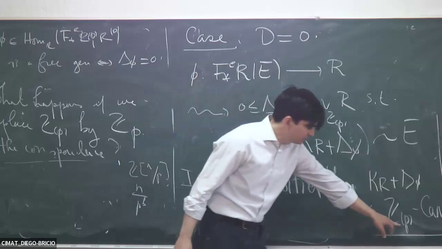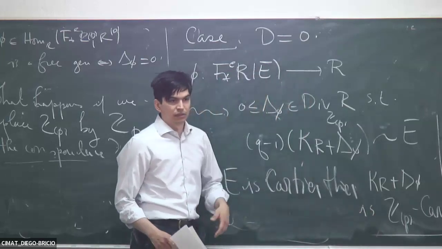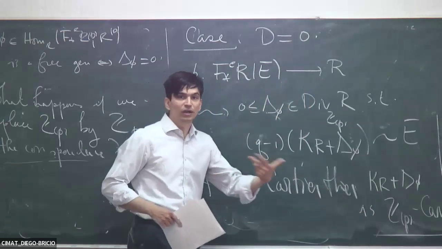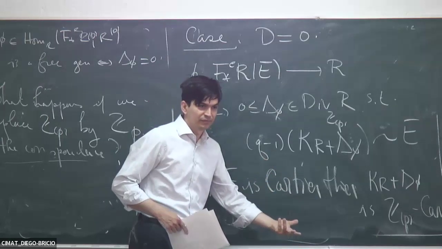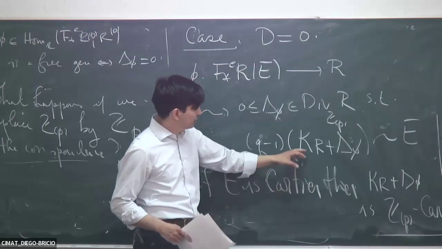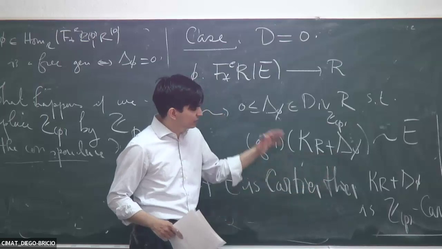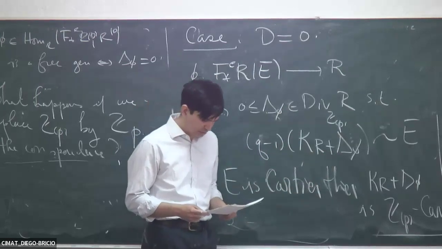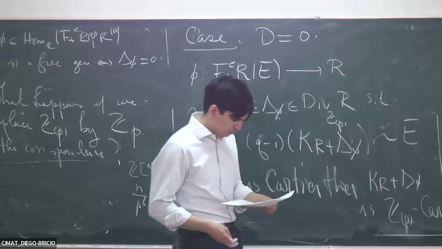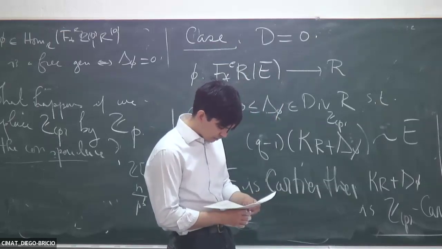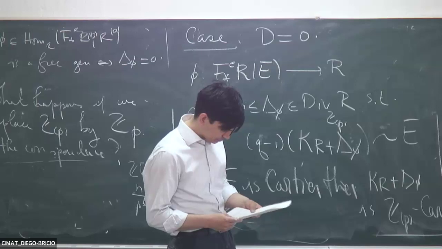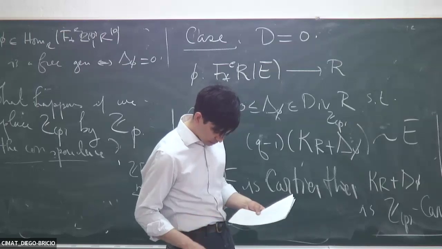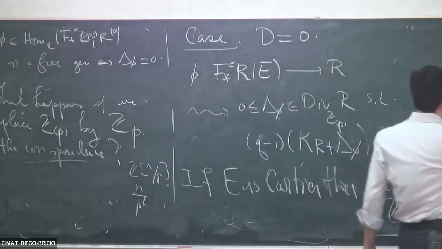That's what it means to be ZP Cartesian. You may have heard this in the context of being Q Cartesian. Or this is to say that the pair R comma delta is log ZP Gorenstein. That would be the terminology you can use. So this gives us the definition of a tame boundary.